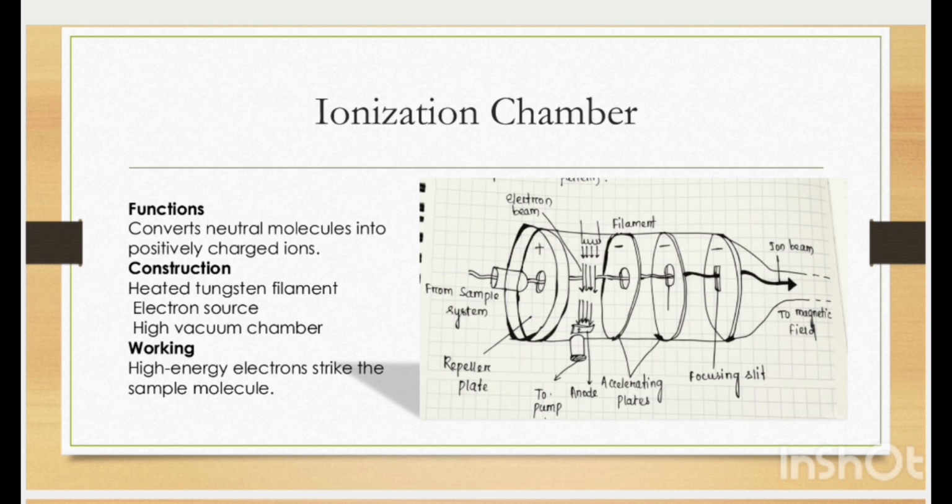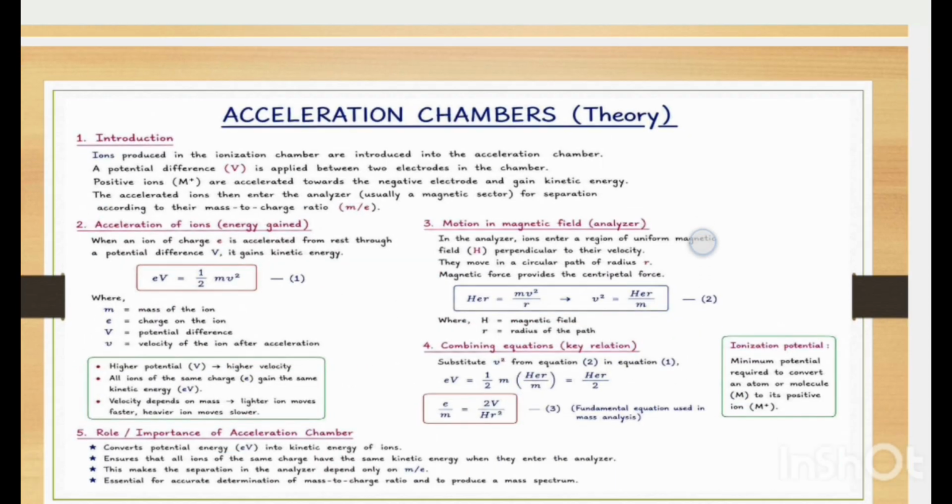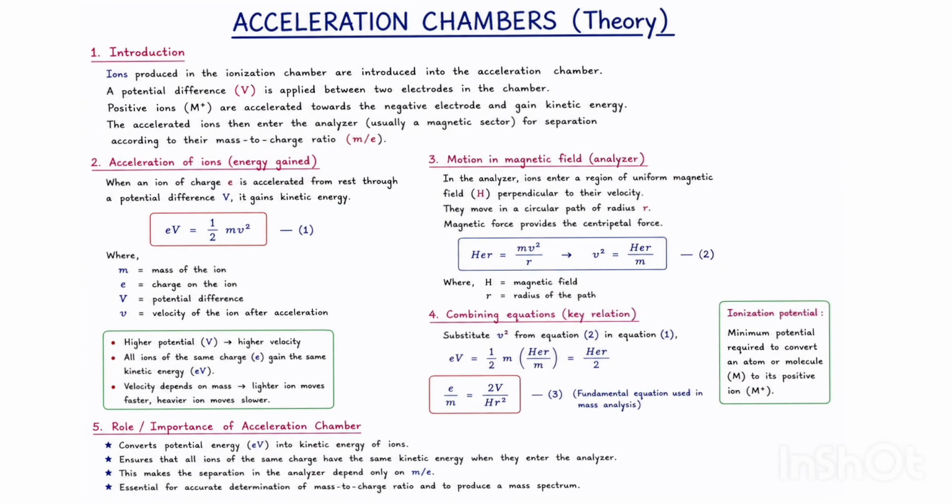The reaction can be represented as M + e⁻ → M⁺• + 2e⁻, where M is the sample molecule and M⁺• is the molecular ion. The ionization step is essential because only charged particles can be manipulated by electric and magnetic fields.